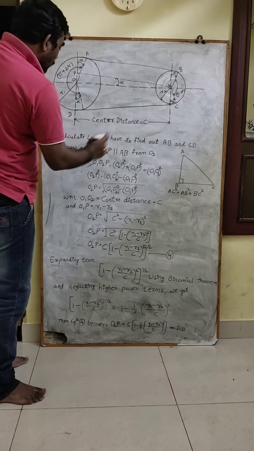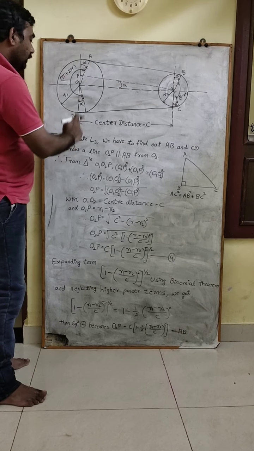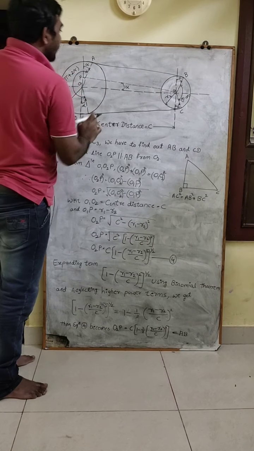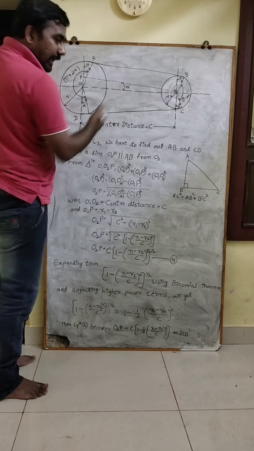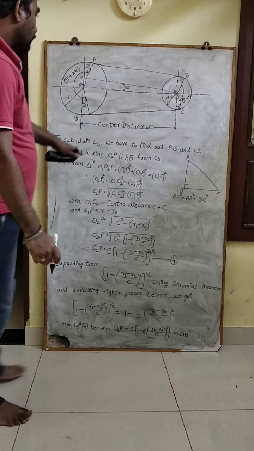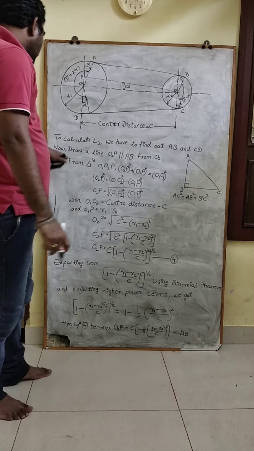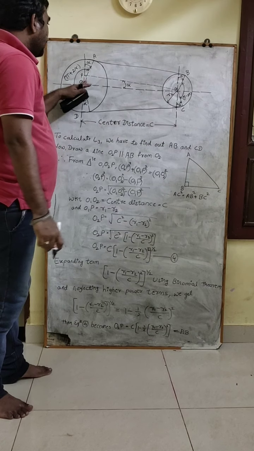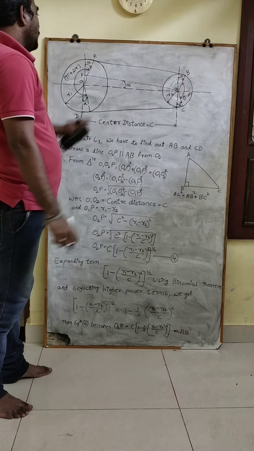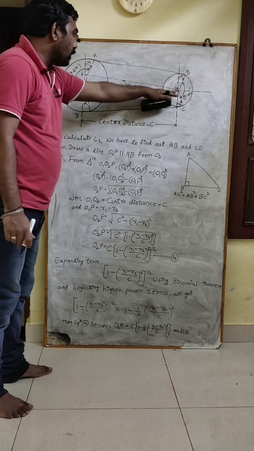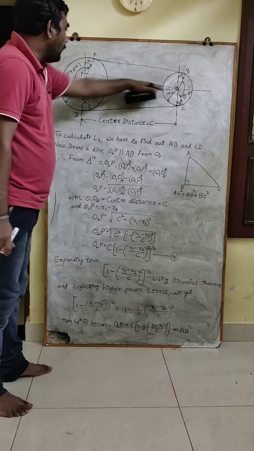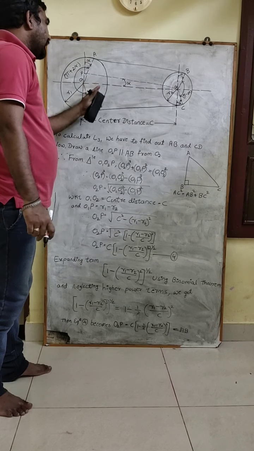We got L1 and L2. Now we have to find L3. To find L3, we should know AB and CD, because AB plus CD will give L3. First of all, we draw a parallel line O2P from O2, parallel to AB. From the geometry, O2P is nothing but AB.